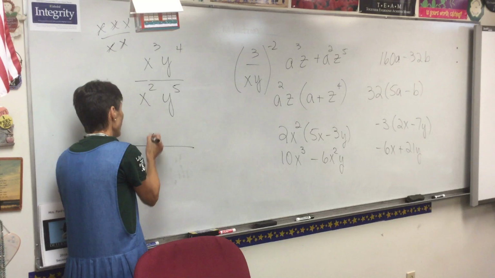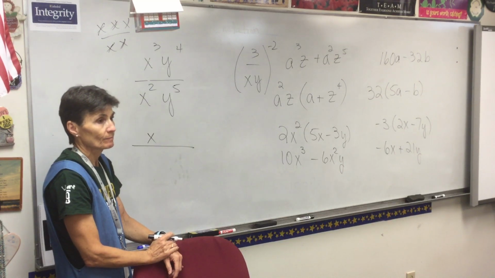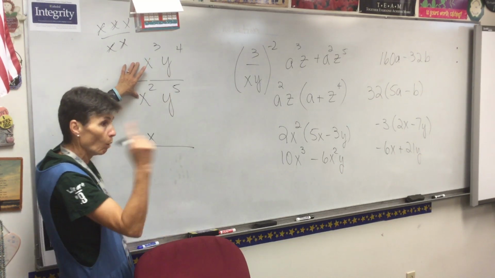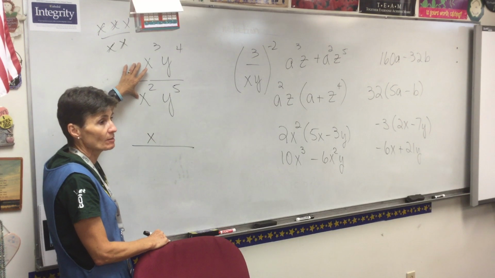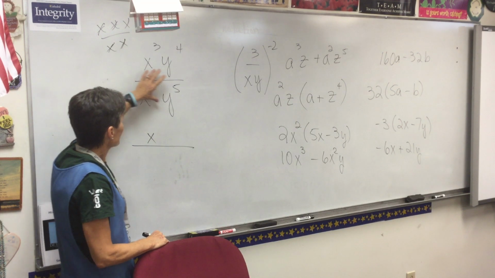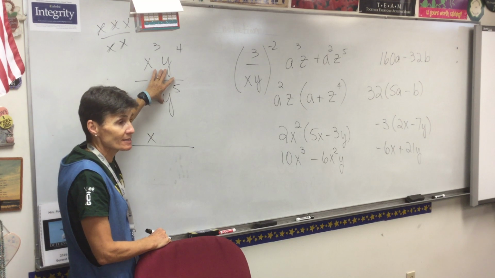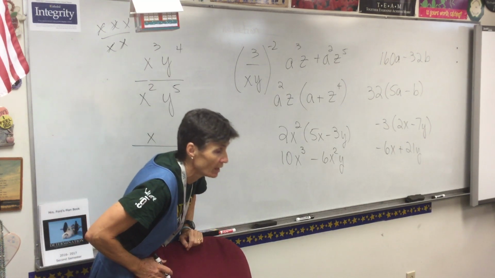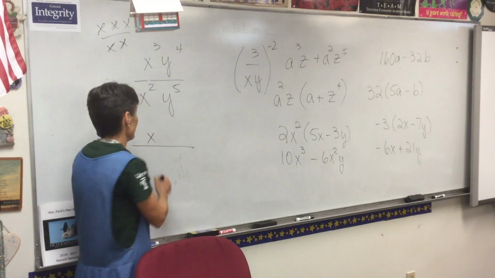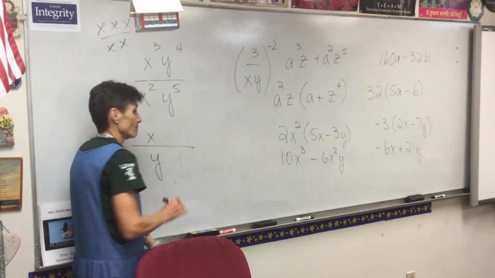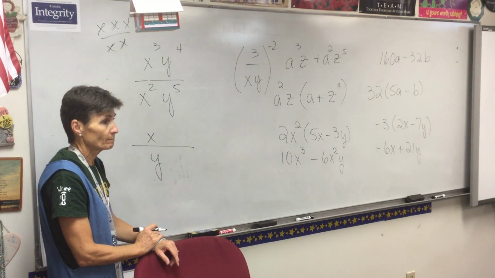So you're going to have 1 x left on the top, because there's 1 more x on the top than there is on the bottom. Now what about the y's? Same concept, except now the extra 1 is on the bottom. So your answer is x over y.